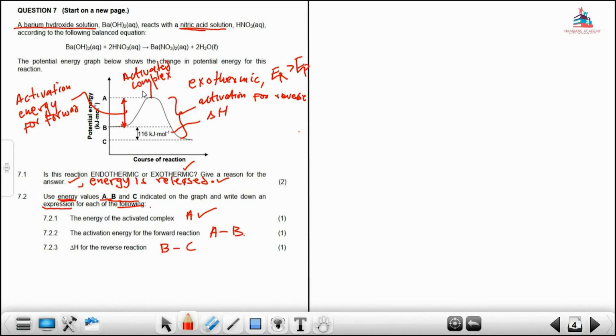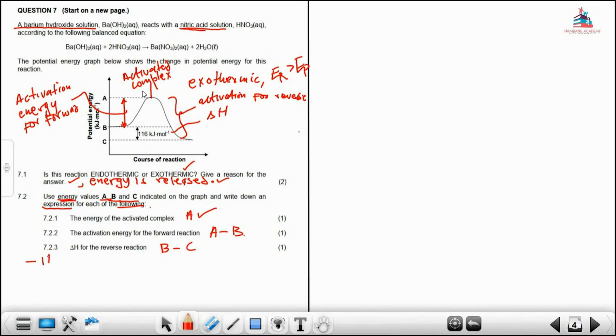So now let me emphasize this. For exothermic or endothermic, the only thing that will be the same is delta H. The only thing that will change is the sign. Maybe this question was saying delta H for the forward reaction.